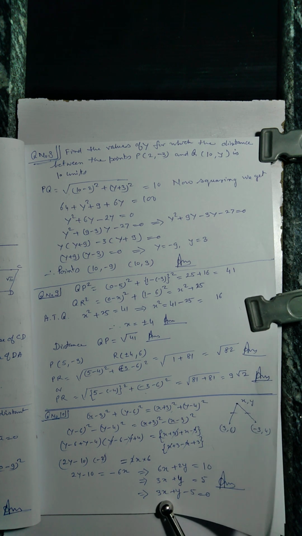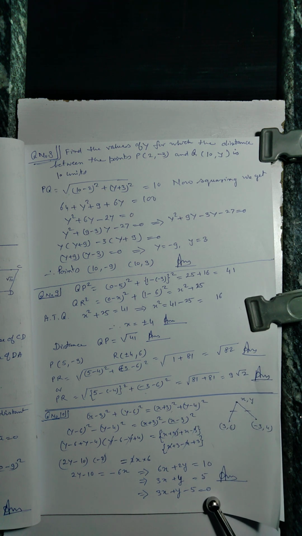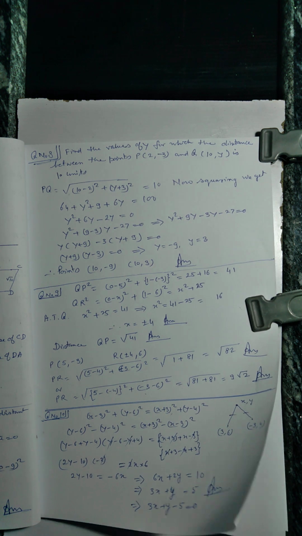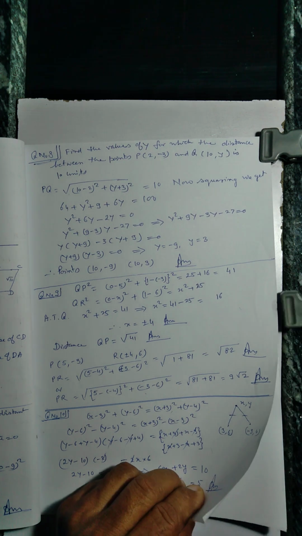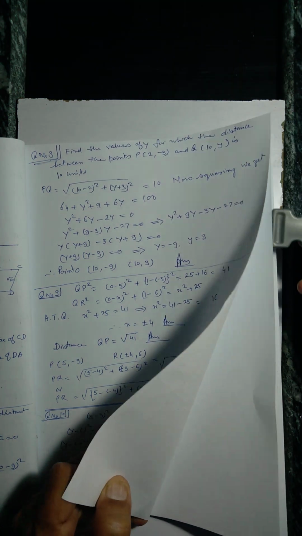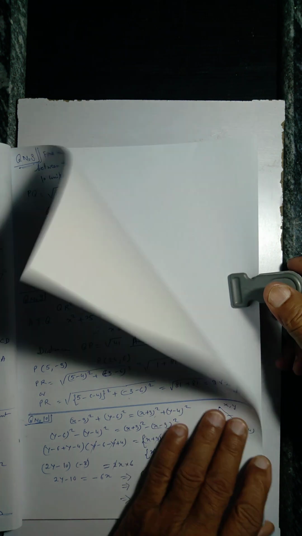So you can get 3x plus y minus 5 equal to 0. And this will be the relation of x and y, that is, 3x plus y minus 5 is equal to 0. This will be your required relation between x and y.